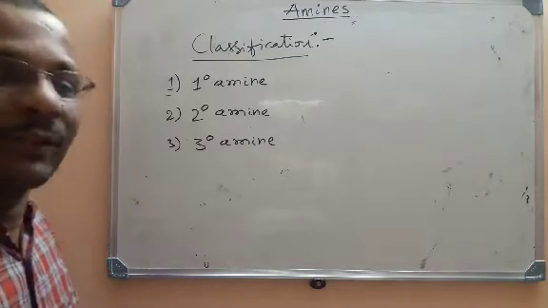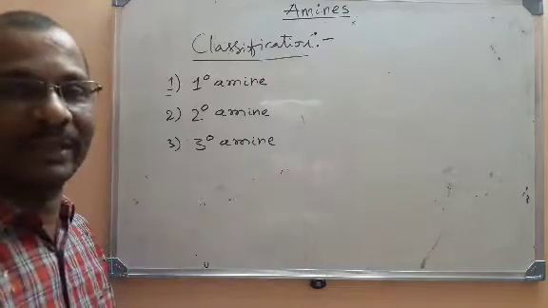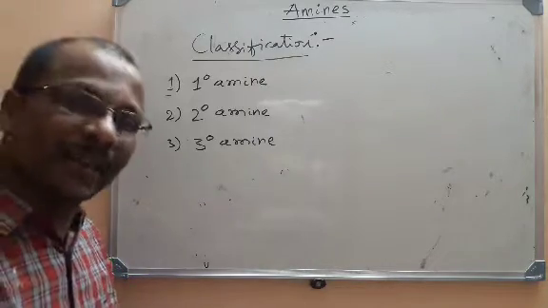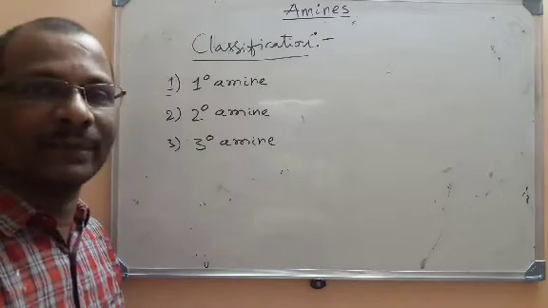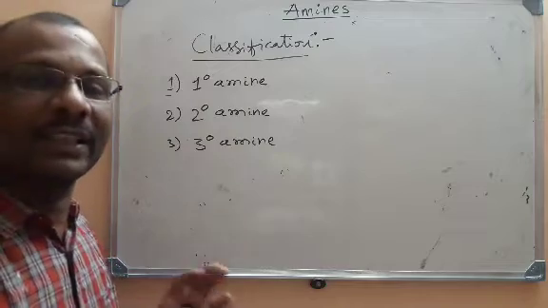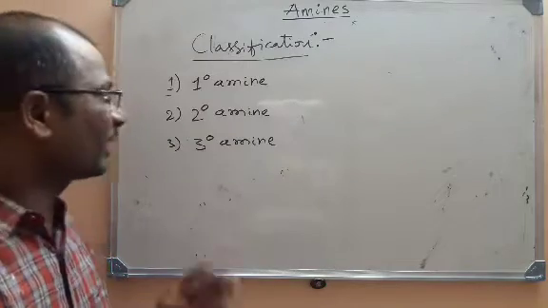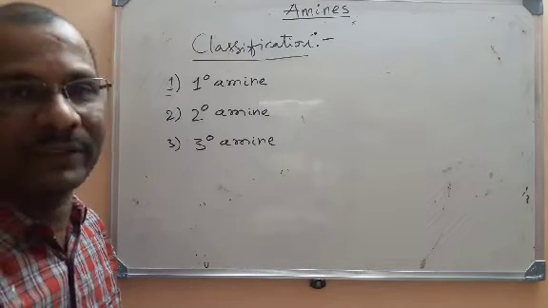For example, if the OH group is attached to a primary carbon, that is why it is called a primary alcohol. In the same way, if the OH group is attached to a secondary carbon, it is called a secondary alcohol. Likewise tertiary also. But here we have no connection with that carbon nature.